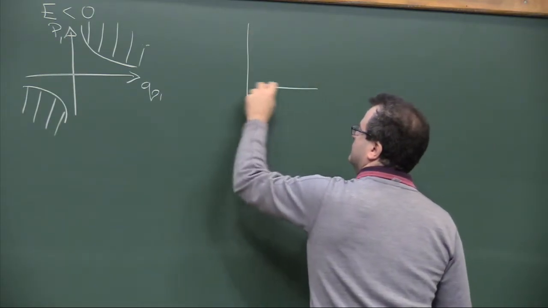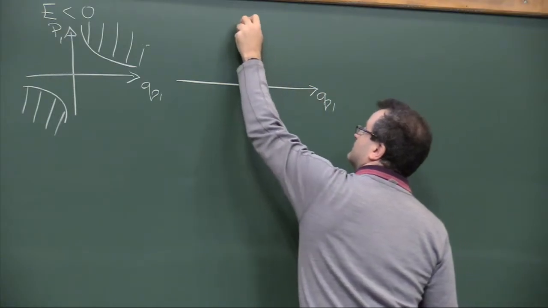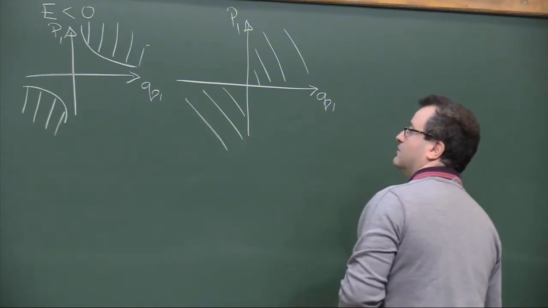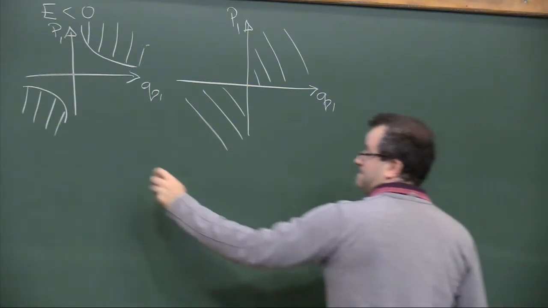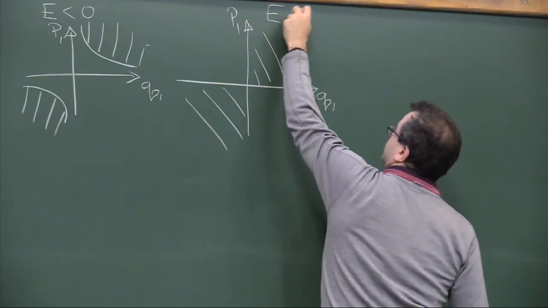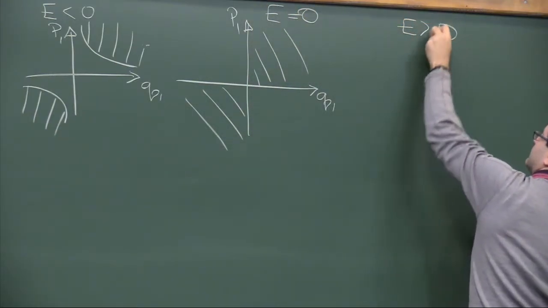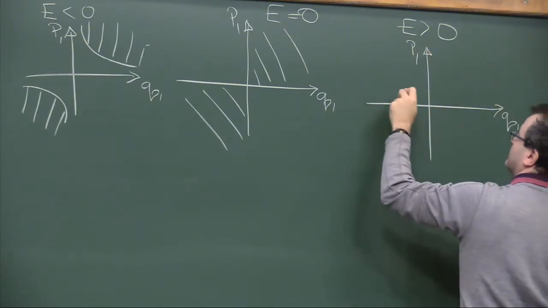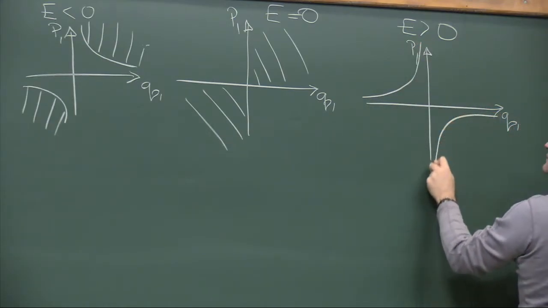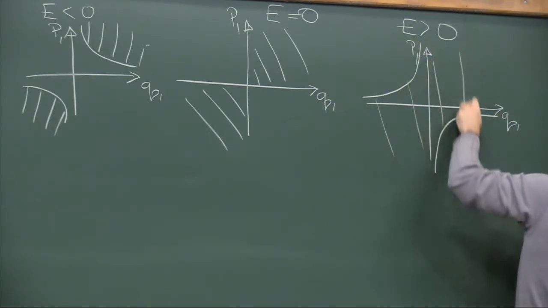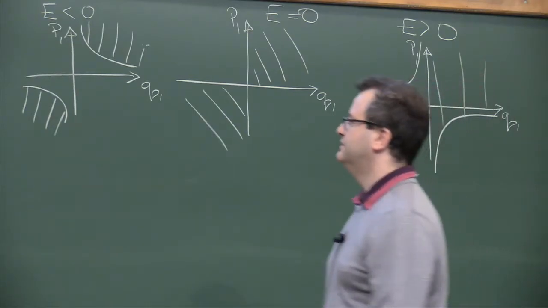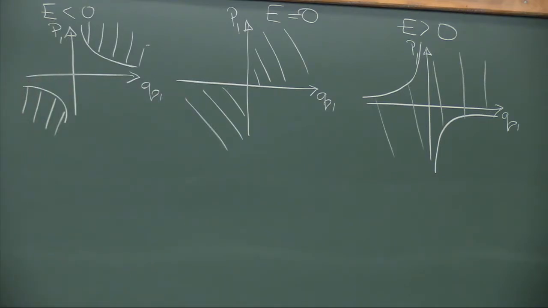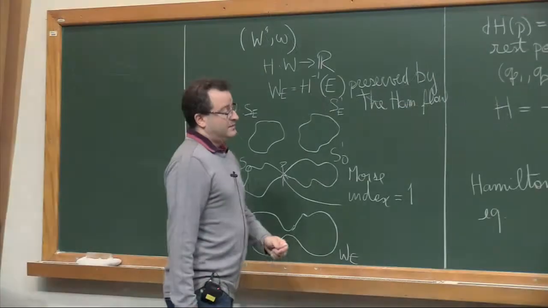For E equal to 0, the projection is these two quadrants. And for E positive, the projection is like that. So here we see that when we pass energy equal to 0, there is a connected sum of these two components.